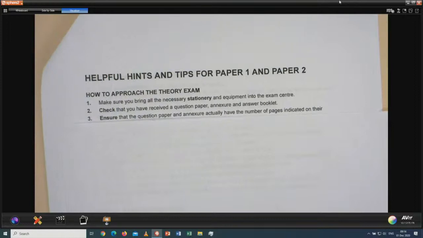Thirdly, ensure that the question paper and annexure actually have the number of pages indicated on their front covers. Okay, and number 4, use the reading time that is allocated to you, that is 10 minutes before the start of the examination, to read through the entire paper.